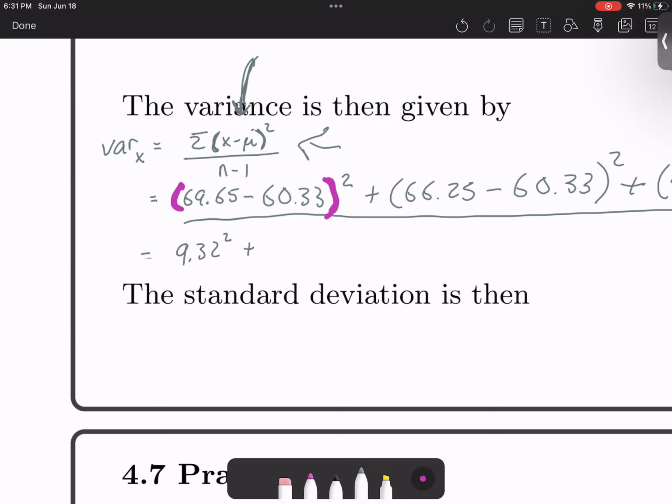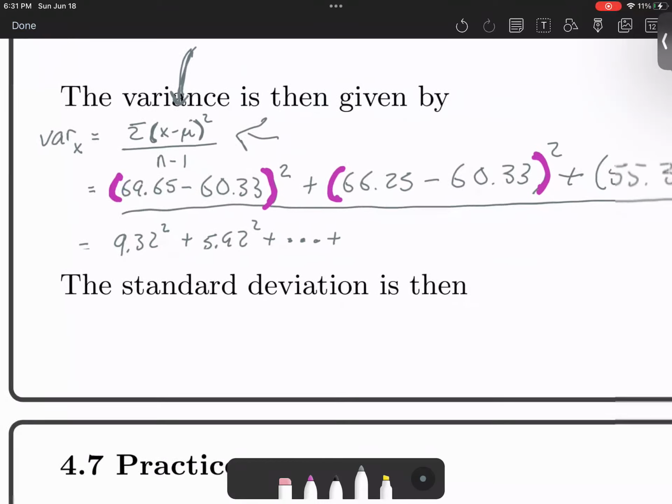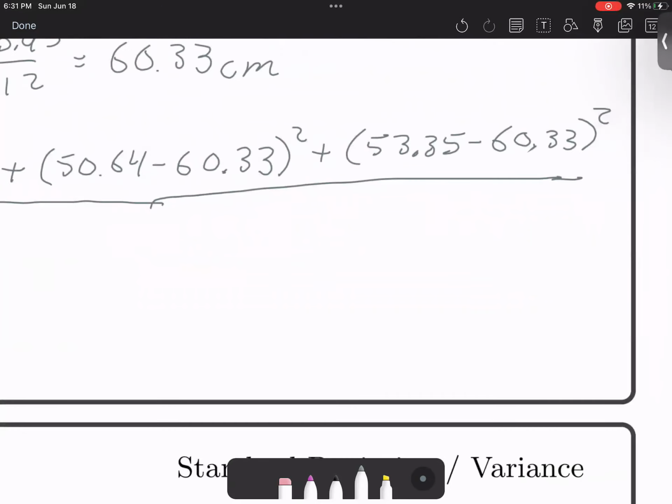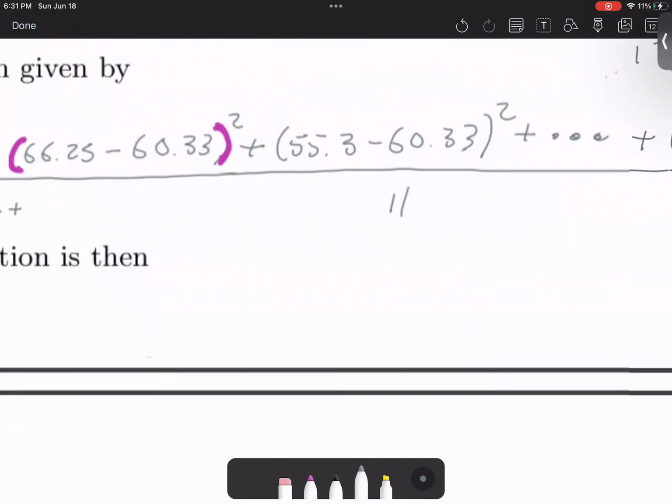I add to that 66.25 minus 60.33 squared. That gives me 5.92 squared. Right, it's just simplification at this point. Let's see, the last one, 53.35 minus 60.33 squared is minus 6.98 squared.